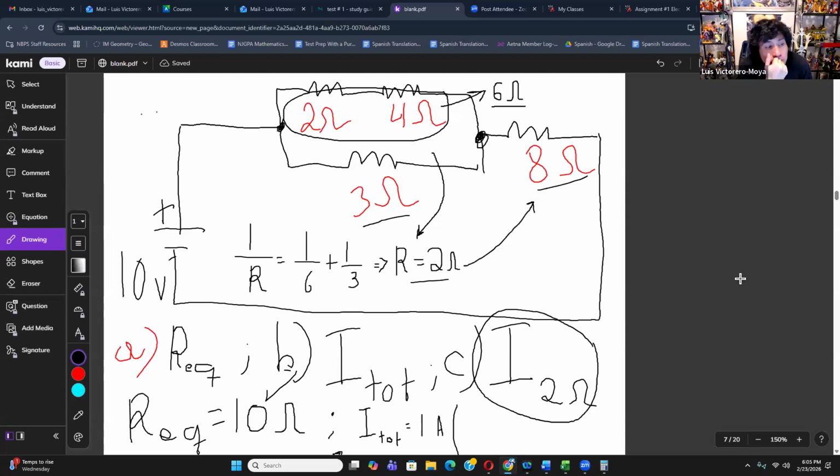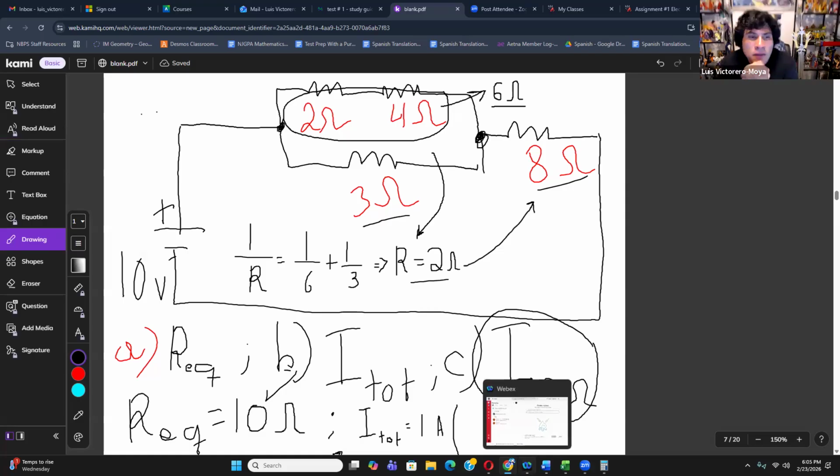Anybody else? There's another answer here. Let's see. 5? No, it's not 5. Yeah, you're dividing 10 by 2. 2 divided by 10? No, it's not 0.2. It's actually 1 times 2 divided by 6. Yeah, it's 2 divided by 6. So 1 over 3. So 0.33.